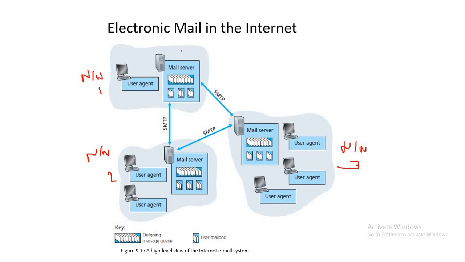So every network has a particular mail server, and these mail servers communicate with each other. Mail servers communicate with each other, and always the user agent or clients communicate with the server. Get it?